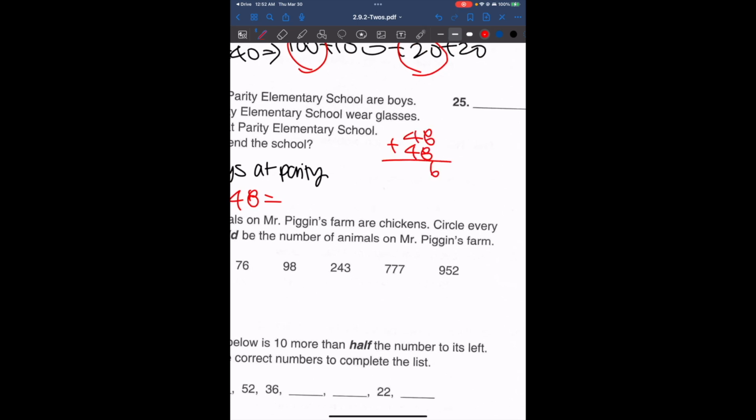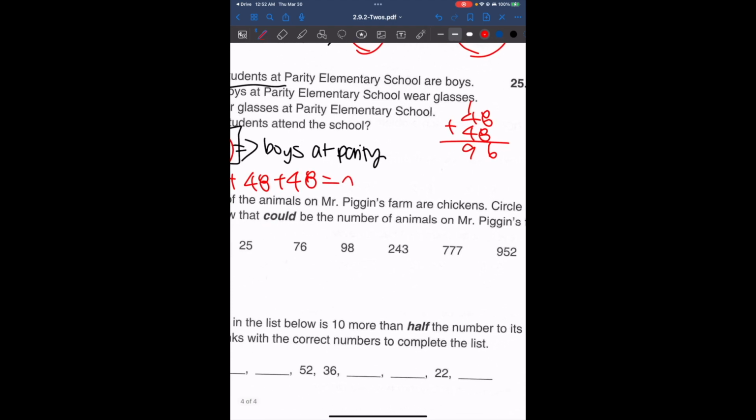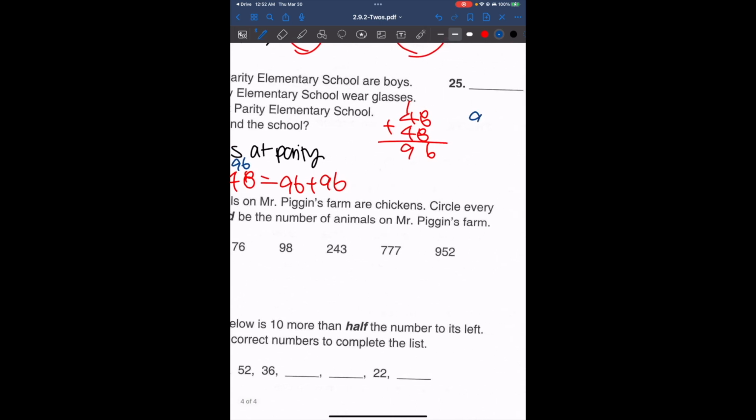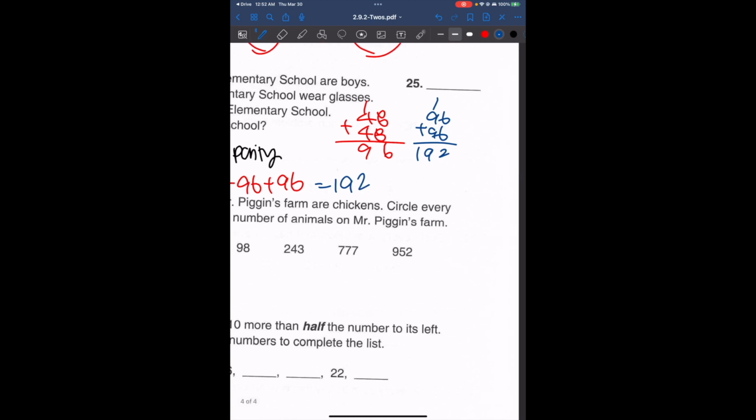And that's going to give us 96 plus 96, right? Since 48 plus 48 is 96. And so 96 plus 96 is going to give us 192 students.